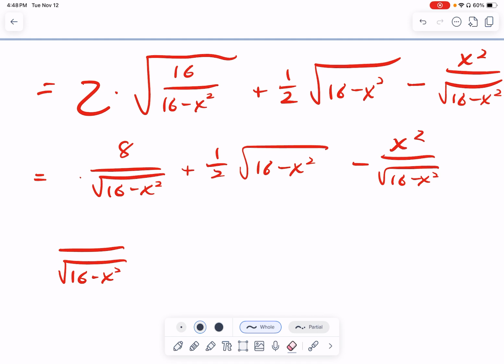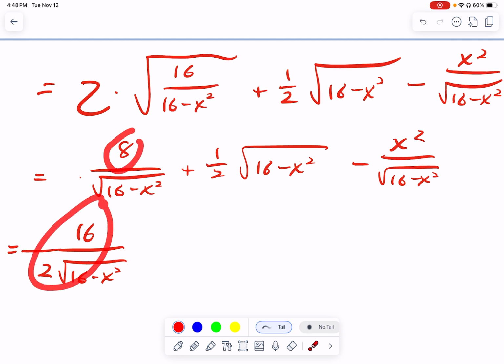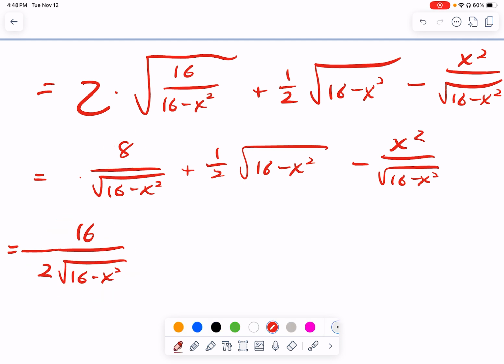So, sorry about that. We'll make this 16 over 2. 8 is 16 over 2 with this in the radical. Now this one already has the 2 in the radical, so we'll multiply top and bottom by radical 16 minus x squared. But radical 16 minus x squared times radical 16 minus x squared is 16 minus x squared. And then here we'll multiply top and bottom by 2.